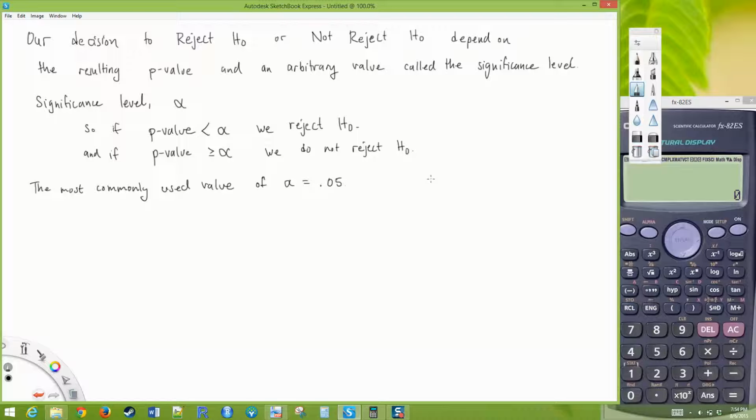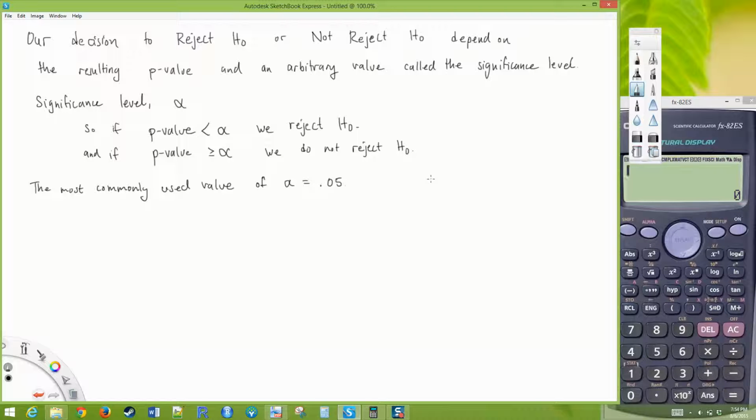So if the p-value is less than 5%, we reject the null, and if it's greater than or equal to 5%, we do not reject the null. That's just kind of been established over time.